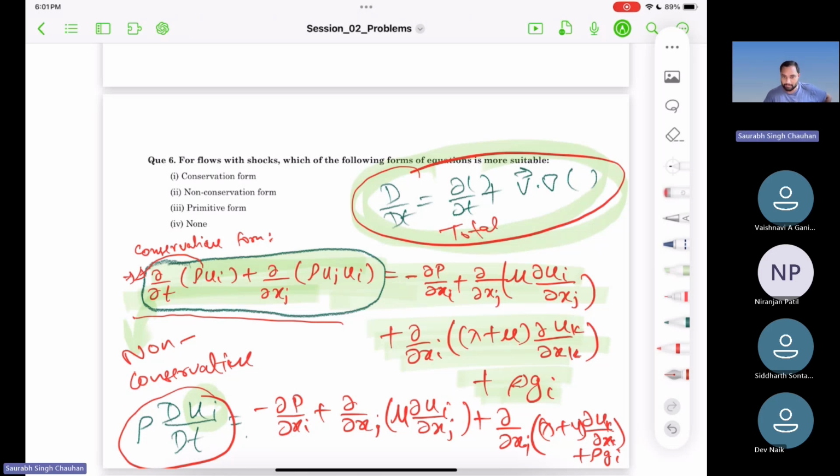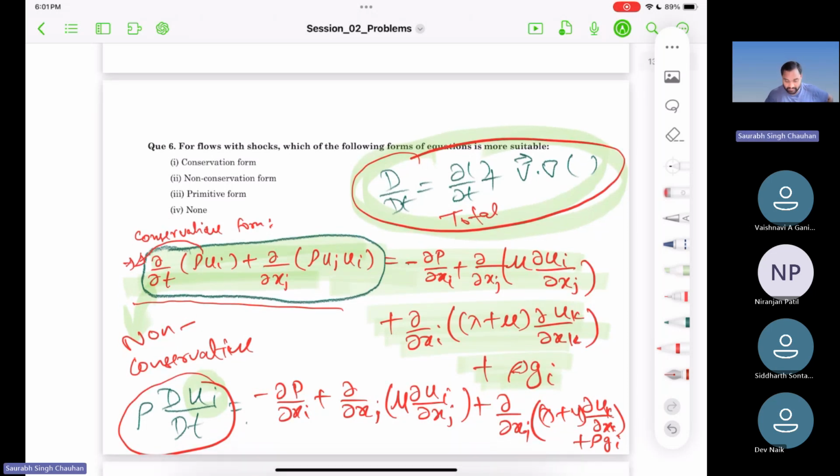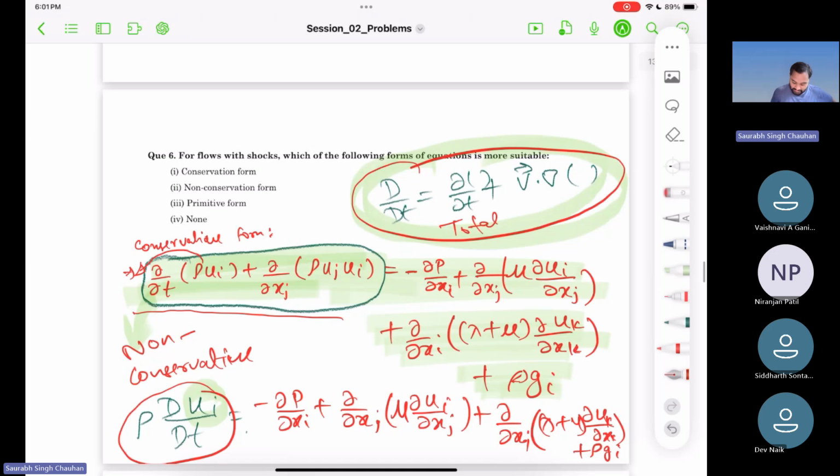Why this is problematic, we will discuss when we discuss shocks and compressible flows. But for the time being, you should understand that this non-conservative form is sometimes called weak form, and the conservative form of equations is called strong form, because strong form means it can deal with discontinuities as well.